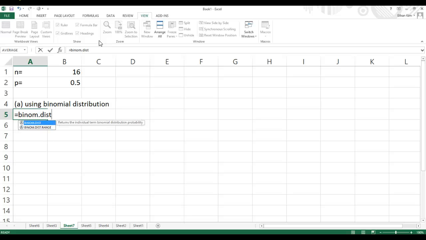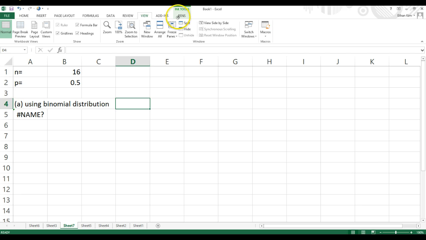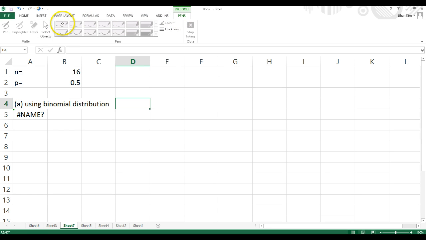Before we do that, I'm just going to write what we're looking for.